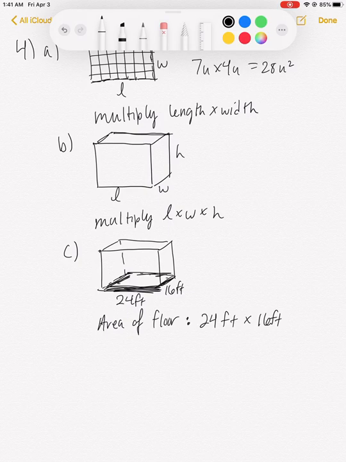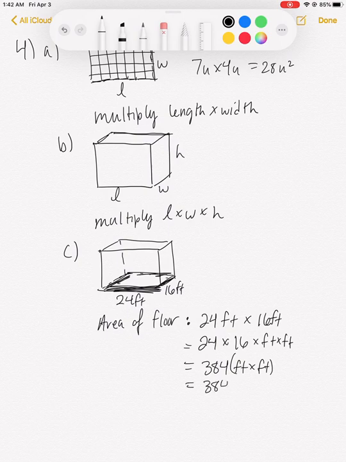So 24 times 16, and then we can multiply the feet times the feet. The units work a little bit like variables. So we multiply the 24 by 16, we get 384 feet times feet, which is equal to 384 feet squared.